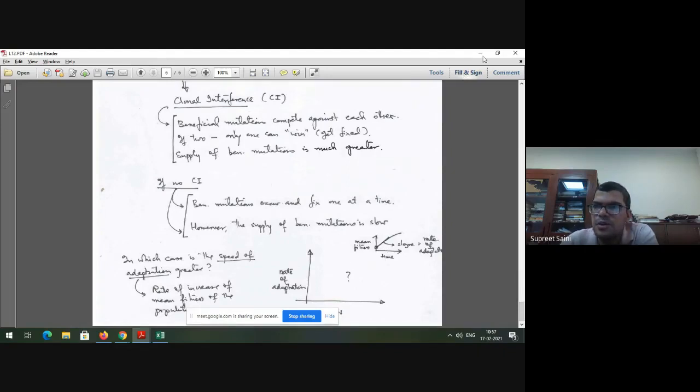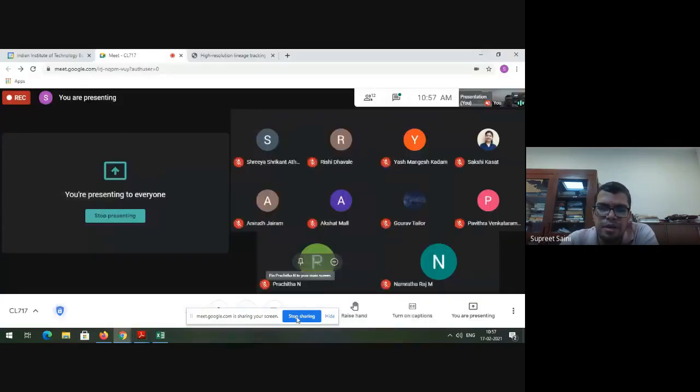So let's stop here. Next, in the scenario where we know that clonal interference exists, with competition among different beneficial mutations in a culture, the dynamics of evolution will change from what we have been considering so far.